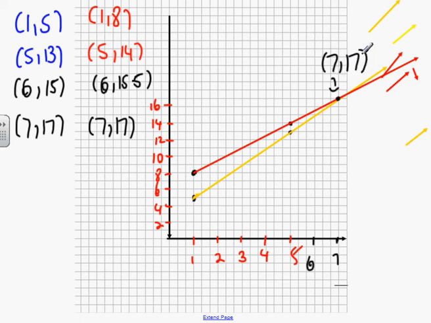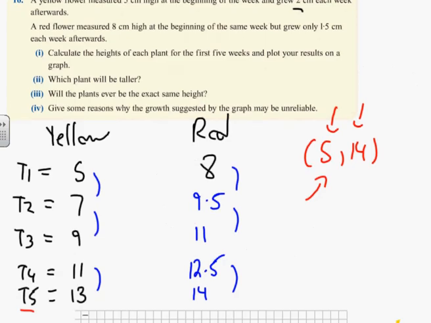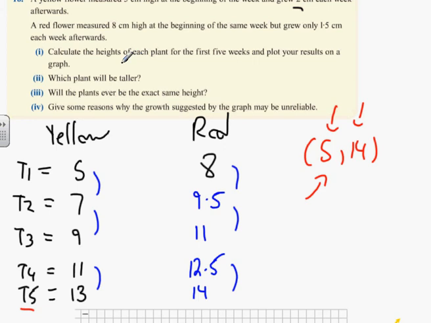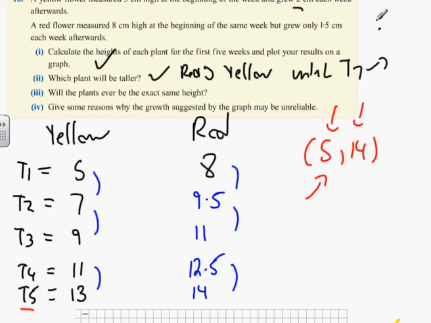Is that alright? So, we've proven that the diagram can be less accurate. Which plant is taller? The red plant is bigger than yellow until 7 days in, until term 7, which is 6 weeks of growth.